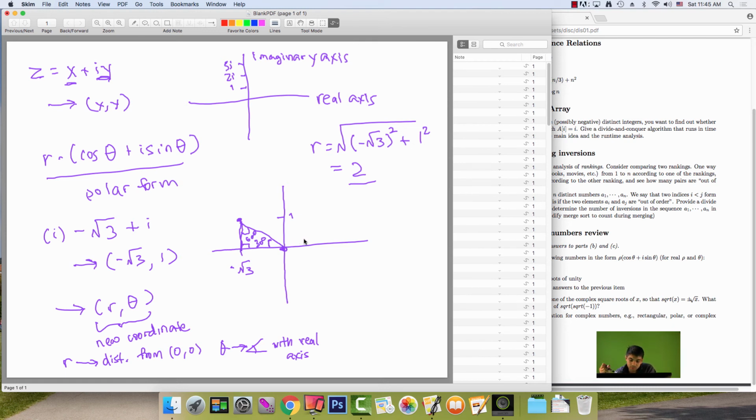This is also another good way to see that r is 2, since if this side length is square root of 3, that means this side length is 1, which means the hypotenuse of this triangle is 2, just by properties of 30, 60, 90 triangles. Okay, and through that, we've also seen that this angle is 30 degrees, and we want the angle that's made with the x-axis, so with respect to this section here, so we want this angle.